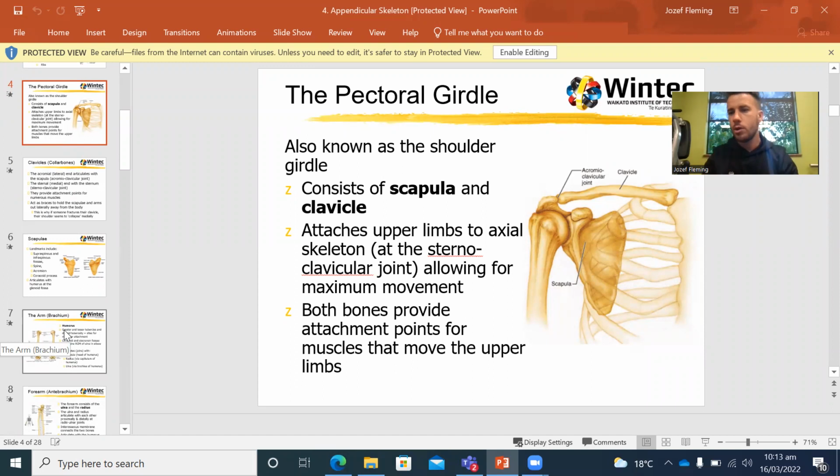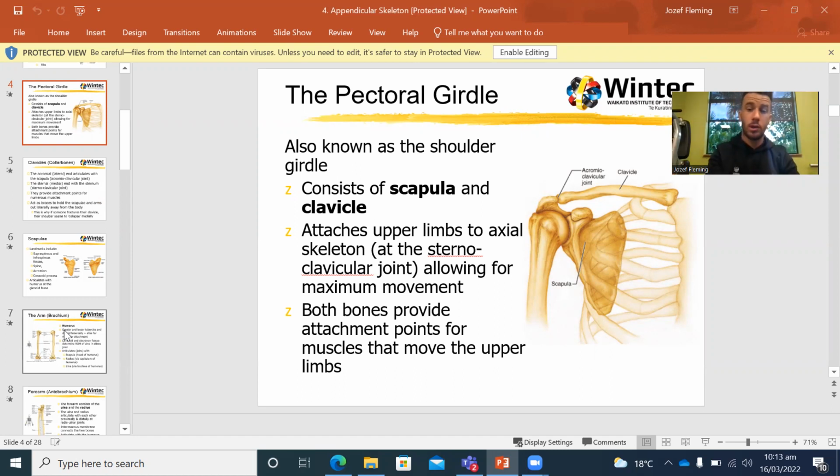We'll stop there only because when we get into the upper arm, like the humerus, there's a lot of landmarks across the humerus that we're going to need to know. So we'll break it down into individual videos for each of those. We'll do the shoulder girdle, which will involve the clavicle and the scapula, or the collarbone and the shoulder blade.